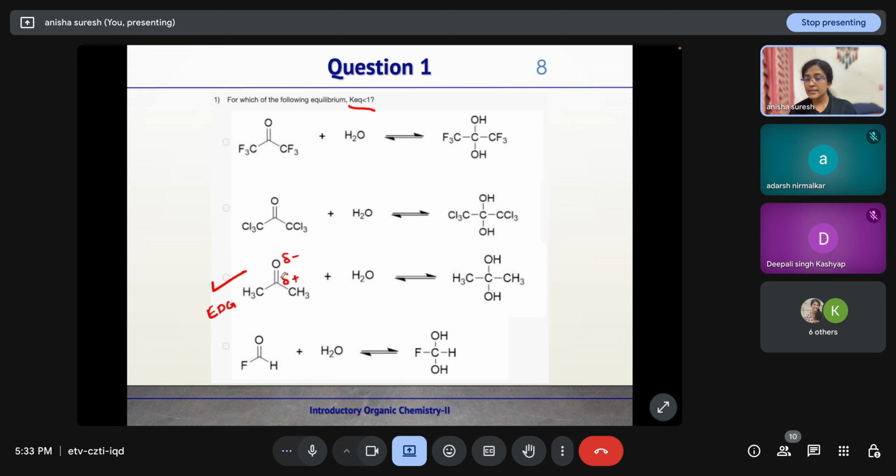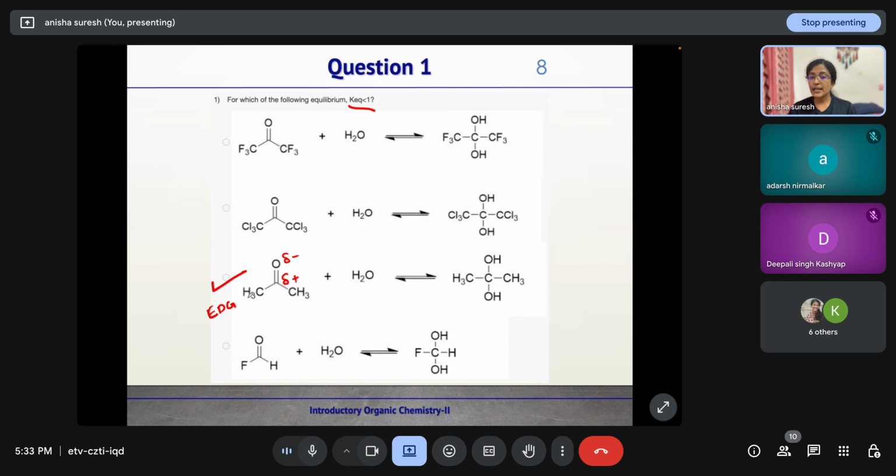In this, the carbonyl carbon will be delta positive and oxygen will be delta negative. So for the reaction to take place, this carbonyl carbon should be more electrophilic, or this delta positive charge on the carbonyl carbon should be more for the forward reaction to take place.